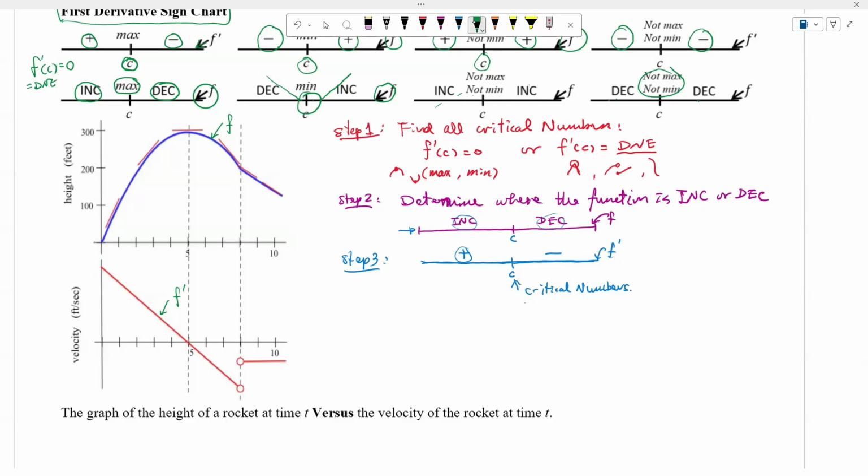One thing to know: if it is positive for f prime, what does this mean for the f prime graph? The graph of f prime is above the x-axis.